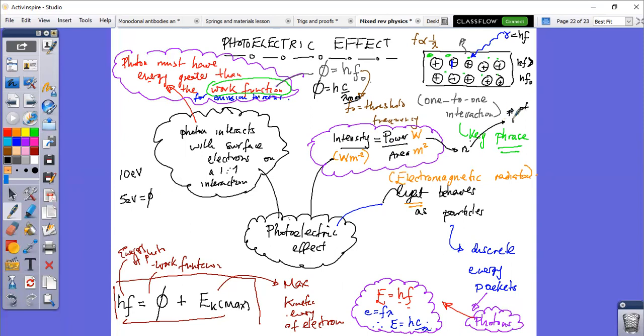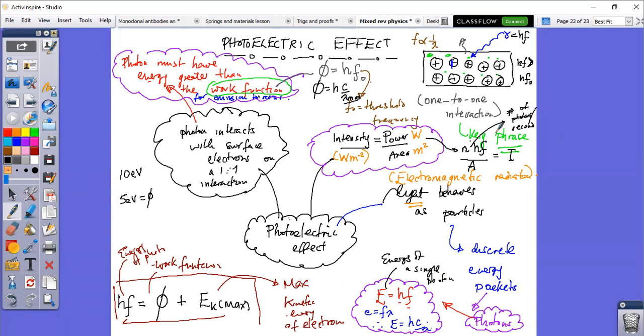Number of photons per second, let's call that N, multiplied by the energy of each photon, and we know the energy of a photon is E equals hf. So that's the energy of a single photon. And I divide that by the area, I get a value for intensity.